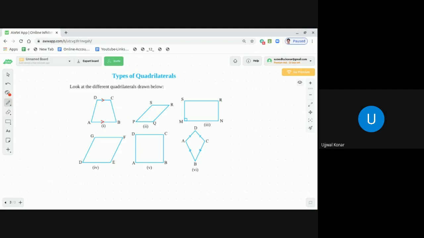For example, in our discussion, in that quadrilateral ABCD, which is also a trapezium, in addition to AB parallel to DC, if we see that AD and BC are equal, then we can call this trapezium an isosceles trapezium.